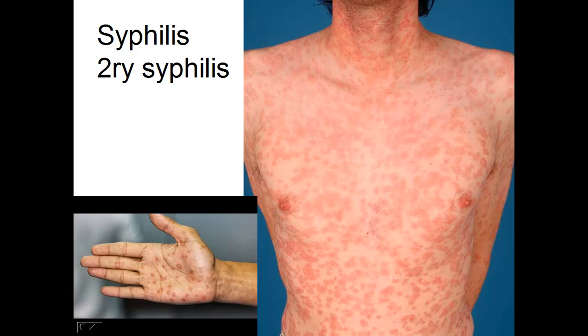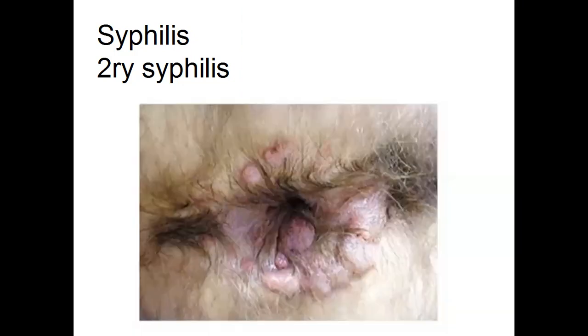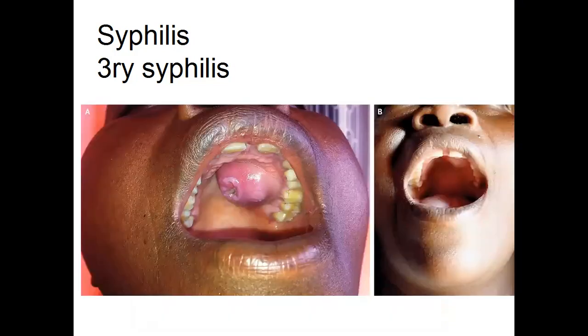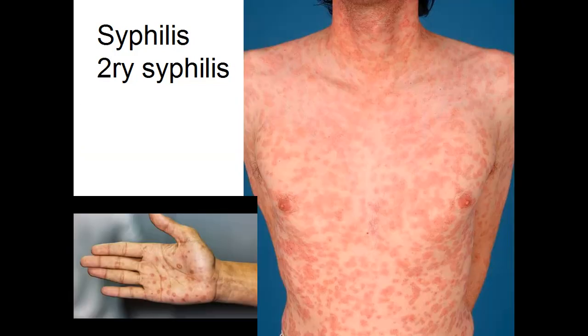This is the second stage that usually happens up to 6 weeks after the first stage. The first stage, as we said, is called chancre. Then the patient usually enters a stage called latent syphilis.